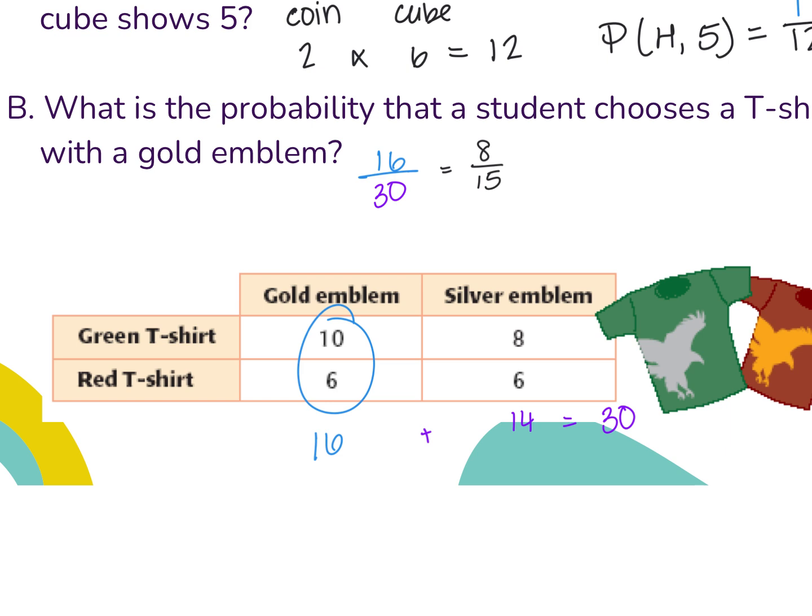And again, they could ask you this as a decimal, which is 0.53 repeating, or as a percent, which is 53 repeating percent. Since it's a repeating decimal, it's going to be 53.3 or 53 and a third, not 0.3. And rounding to the nearest whole, it's just going to be 53%.